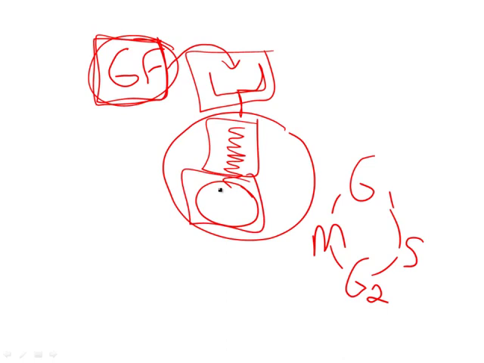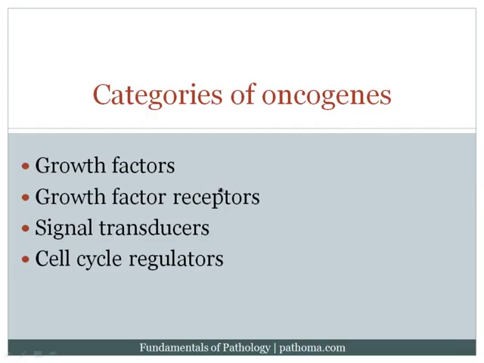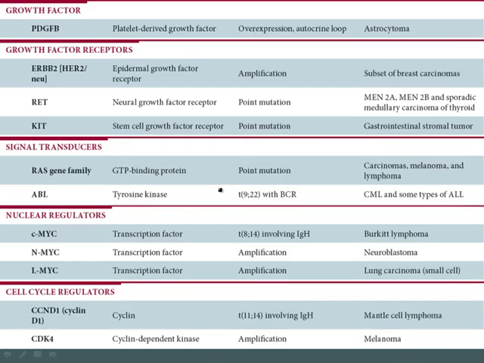Now, mutations in any one of these steps or any one of these categories of proto-oncogenes can result in the formation of an oncogene and can then be associated with formation of a tumor.